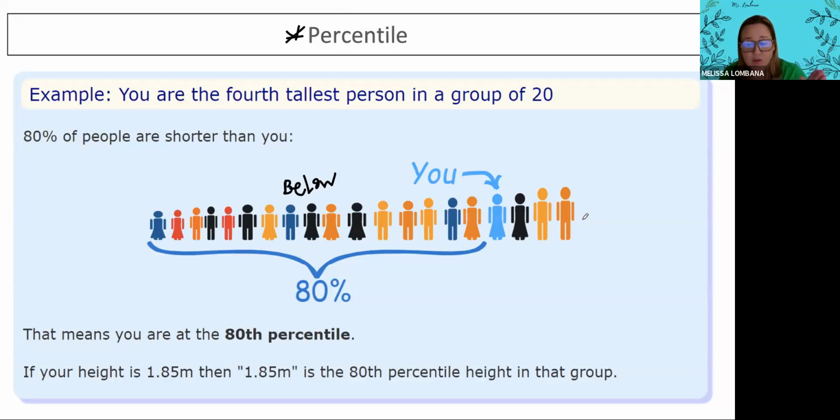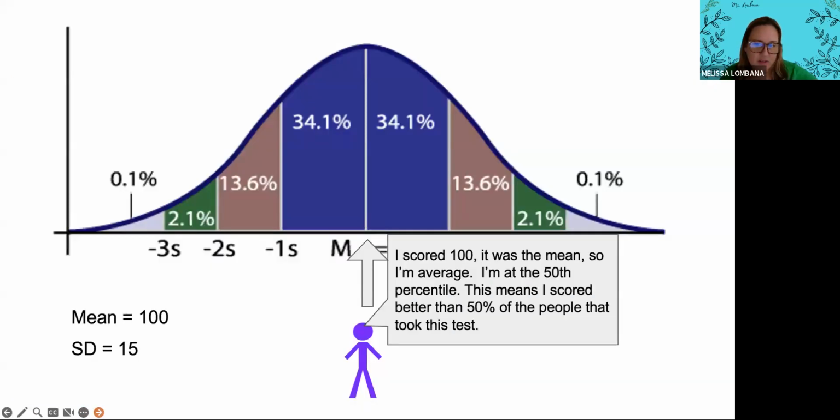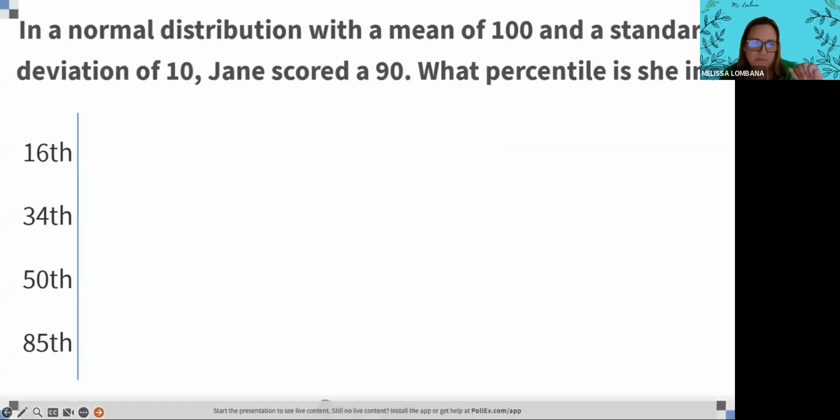But that then also means that 25% of the group was above you. Okay, so make sure that you know how to read that. Because it's not you got 80%, you got a percentile, which means 80% of the people your age or your group got below you. Okay, so make sure that you understand. All right.